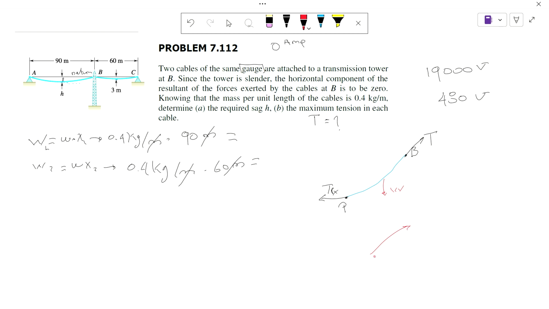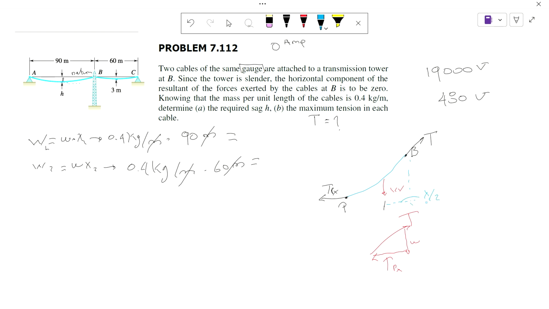So we have a hypotenuse, an adjacent force, and a vertical force. The direction here is W, the direction right here is TPX, and this is capital T. Okay, so we have more information though. We have that this W right here is located at X.